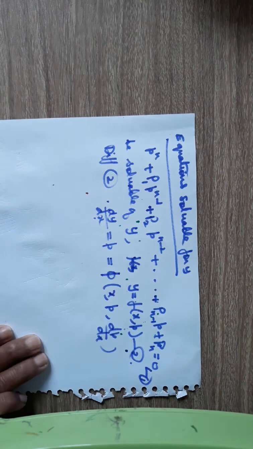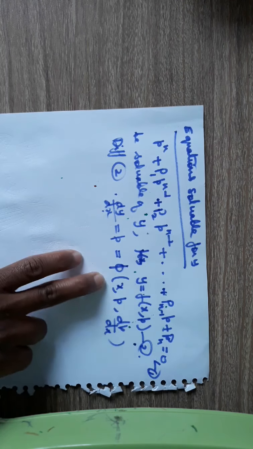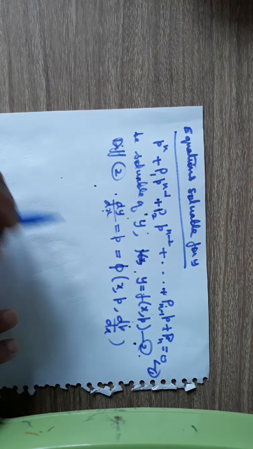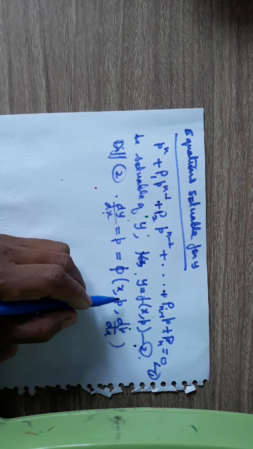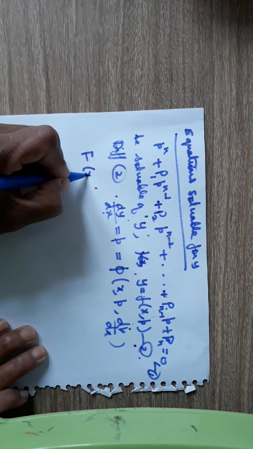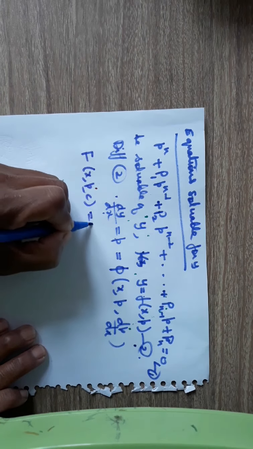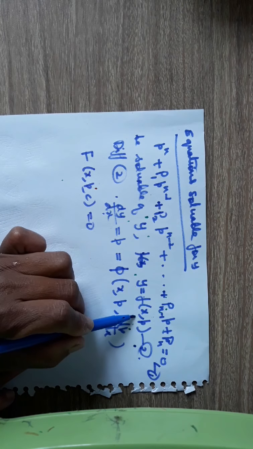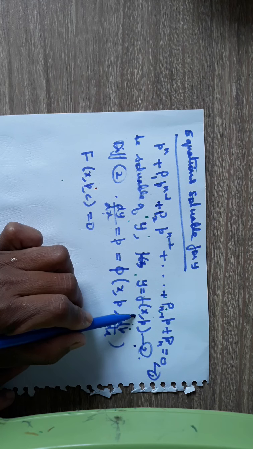Then after differentiating equation 2, the equation will be of this form, where p is equal to dy/dx. So this is an equation of two variables x and p. And suppose the solution of this equation is f of x, p and c equal to 0, then the solution of this equation 2 can be put in either of the two forms.